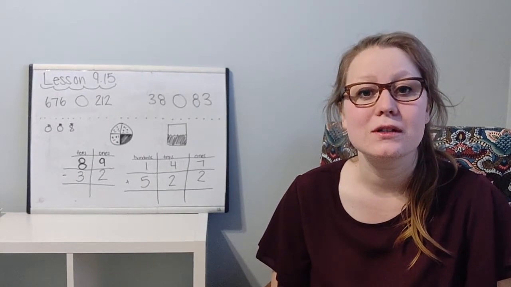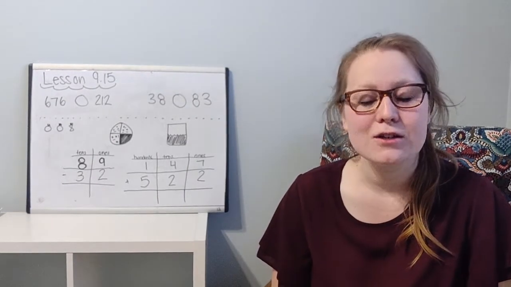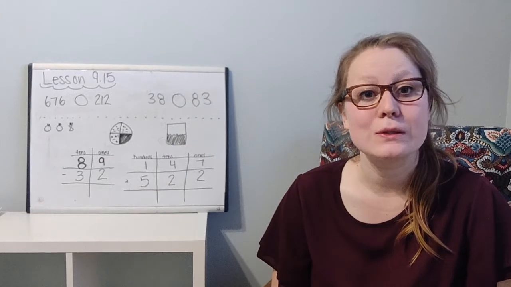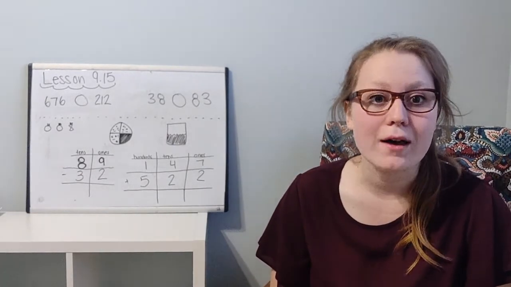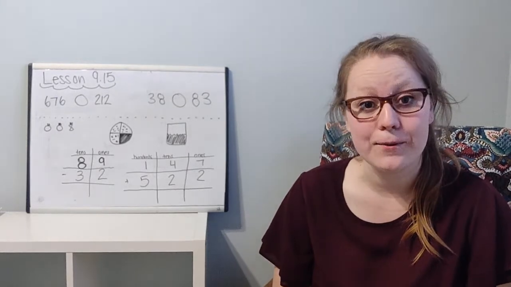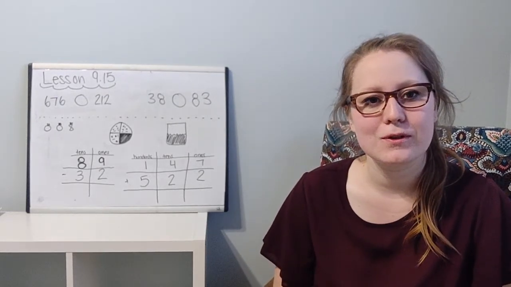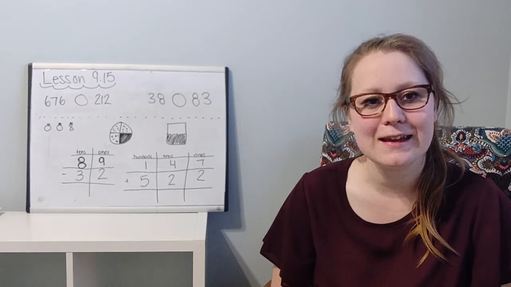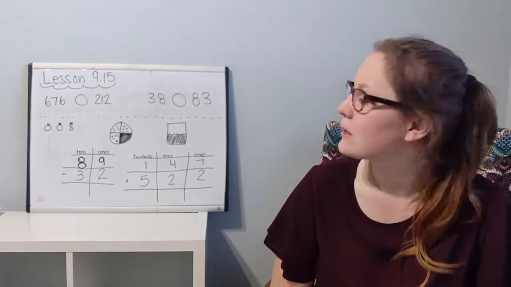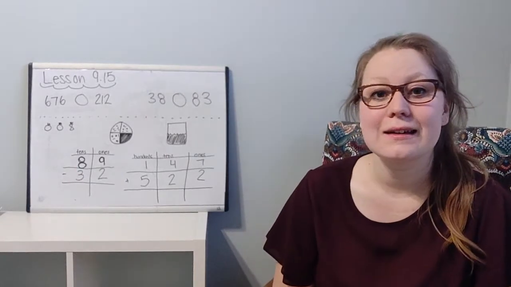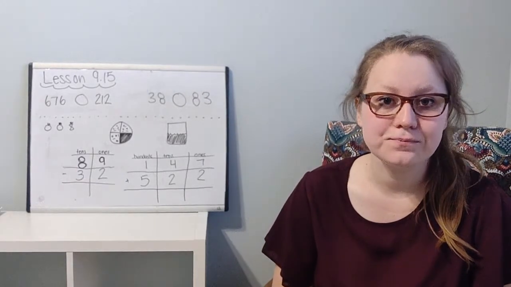And then we learned about some fractions. So we were learning about how to write fractions, and we were learning about how to draw some fractions as well. And then, of course, we'll do some review from this chapter, our adding and subtracting with 2 and 3 digit numbers. So let's get started with some greater than and less than.